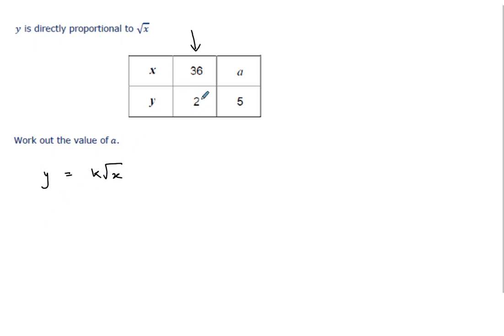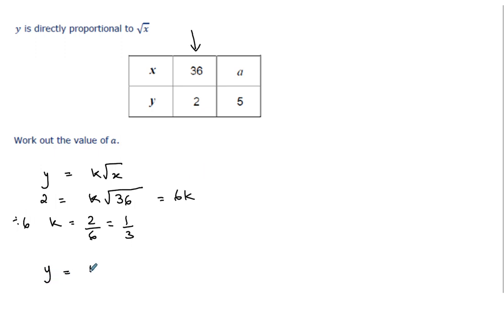Let's stick them in. So y is 2, and you've got k square root of x, which is 36, which works out to 6k. Then divide by 6, so you've got k equals 2/6, which is a third. Okay, so let's rewrite it.